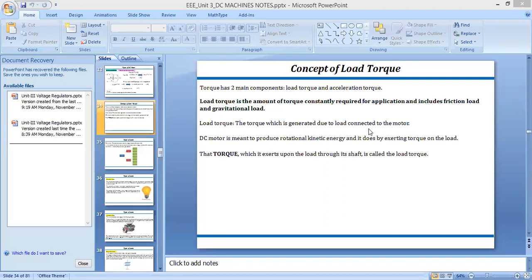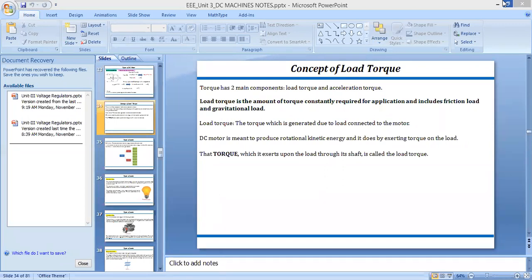The core is divided into packets to facilitate ventilation. Winding cannot be placed on the surface of the motor due to the mechanical force coming on it. So when we use the armature, we make parallel paths in the rotor lamination.